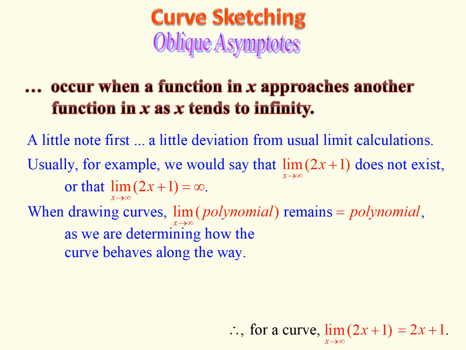The limit of the curve 2x plus 1 as x tends to infinity equals 2x plus 1. And that is the case. As far right as we go, the curve stays 2x plus 1. So perhaps that's part of a function where we now have an oblique asymptote.